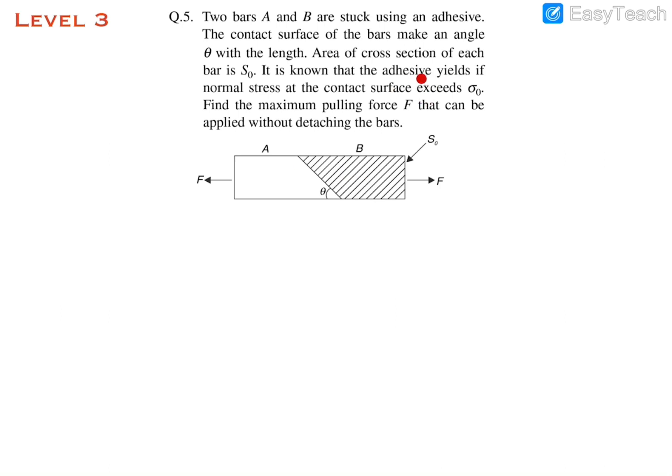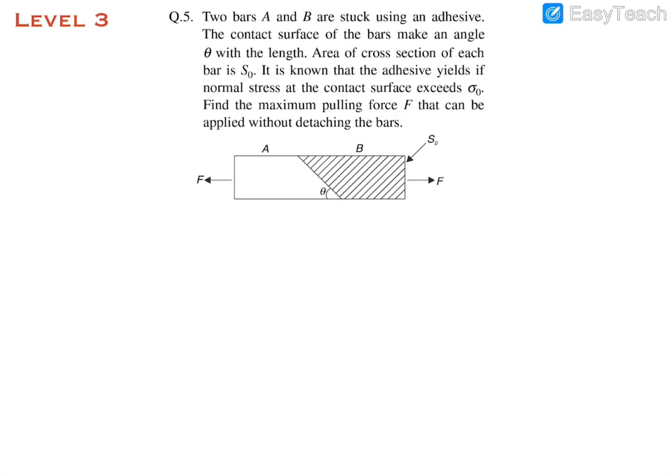It is called yield of adhesive, which means that the adhesive will behave like a plastic material and begin to flow like fluids. So the adhesive would not be able to keep these bars in contact after that force. We have to find that maximum force.